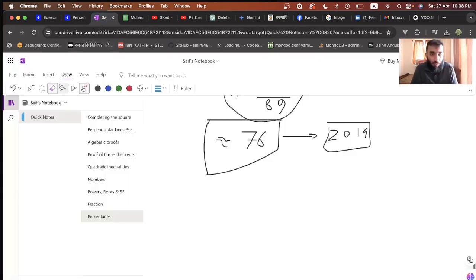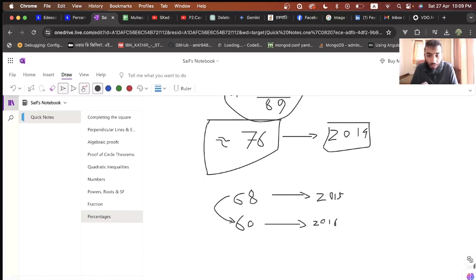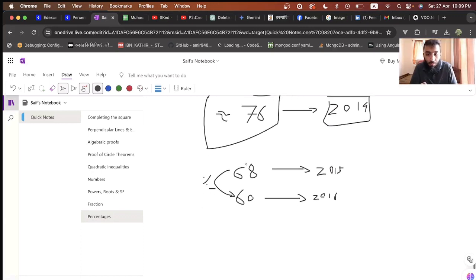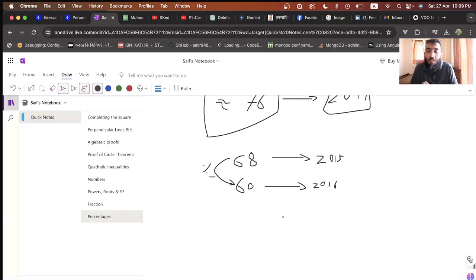In 2015 it was 68 minutes, and in 2016 it's decreased to 60.